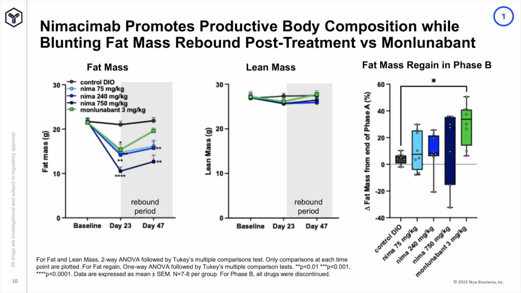However, it's worth noting that monlunabant does see a shift in the fat mass compartment, with fat mass actually increasing over this rebound period. So this shift is driven by an increase in fat mass, and this, of course, is not a productive shift in terms of how that might translate to the clinic.